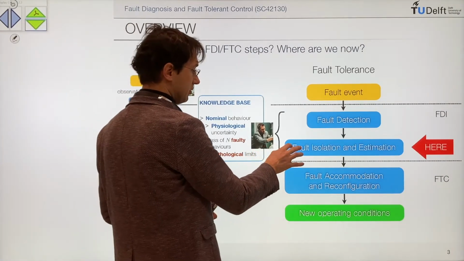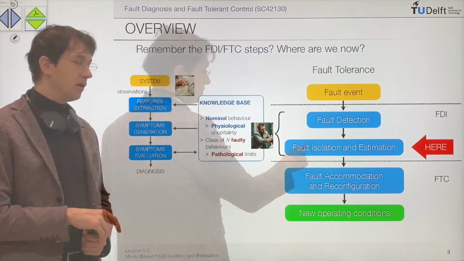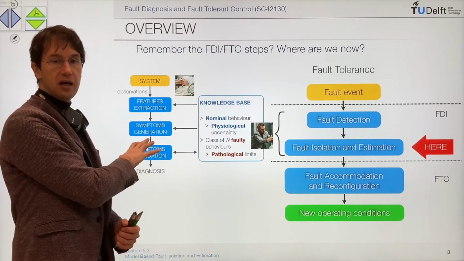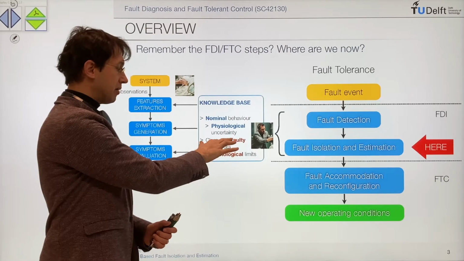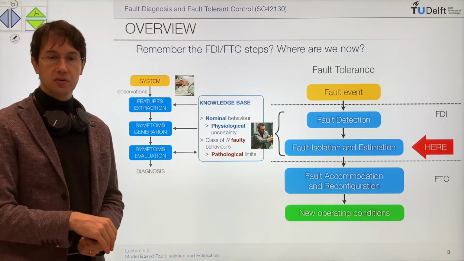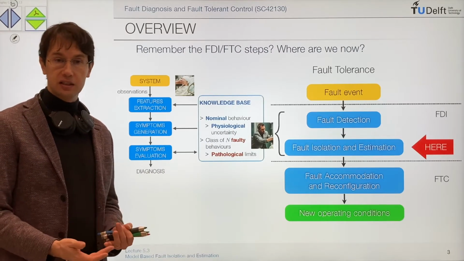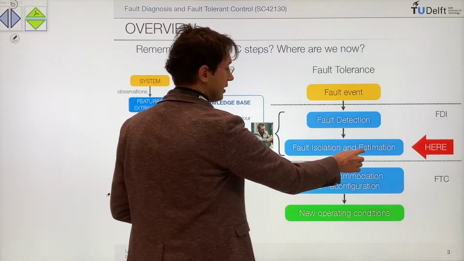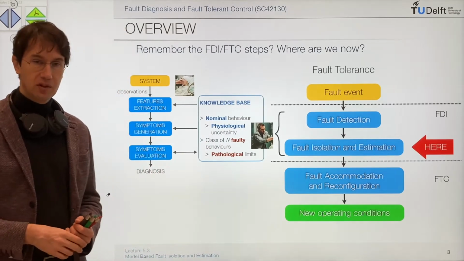All these questions are answered by this second part, the fault isolation, which means taking the symptoms that you have and classifying them according to a knowledge base of a number of faults that you know. So the doctor can tell you if you have one or several of the diseases that he knows about. And then the second step is estimation.